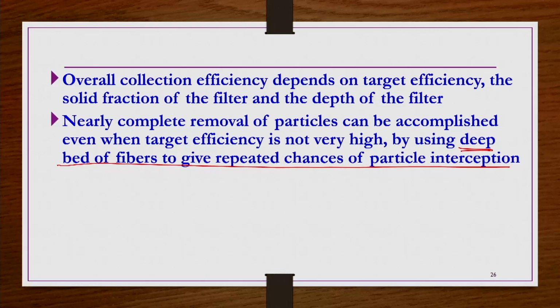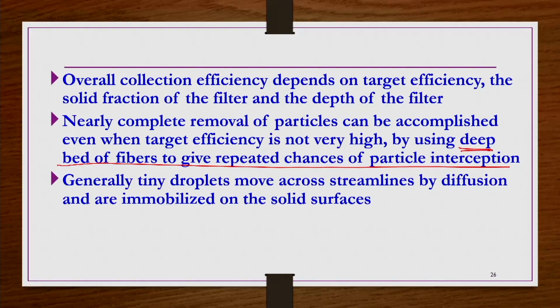As I mentioned, the filter medium is a pack or pad of cotton, glass fibers or cellulose pulp, etc. If you have a deeper bed of pad, then repeated interception of these particles with the filter medium will take place, and the separation efficiency will increase.